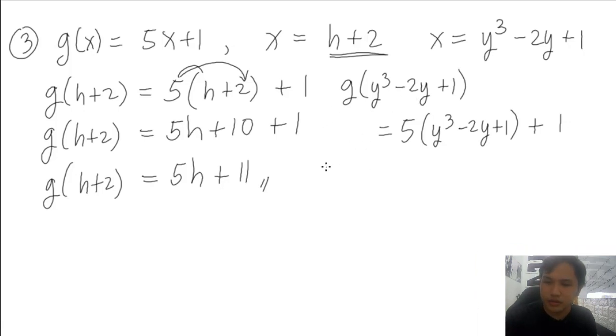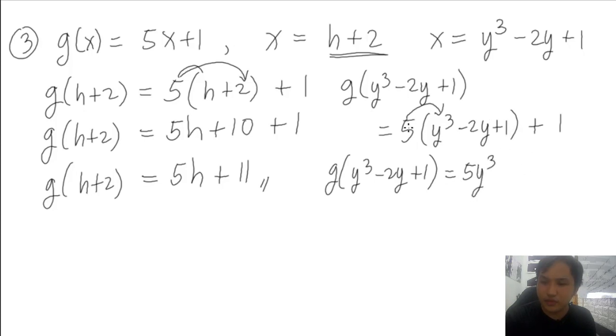G of y cube minus 2y plus 1 equals 5 times y cube is 5y cube. So, 5 times a negative 2 is negative 10, tas may y. And then, 5 times 1 is positive 5.